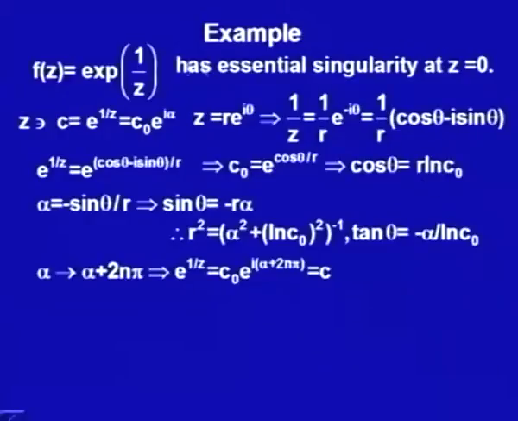We want to see how this function will behave as this goes to 0. In that neighborhood, I would find infinitely many points for which this is happening. Now, for each n I would get a different r. What will happen to θ? θ is minus α plus 2nπ, which will not change; you can check it.